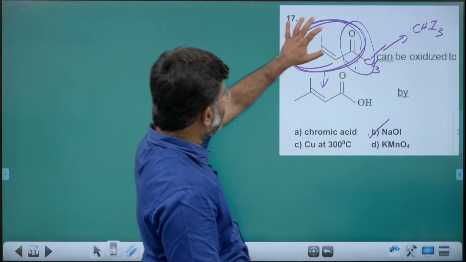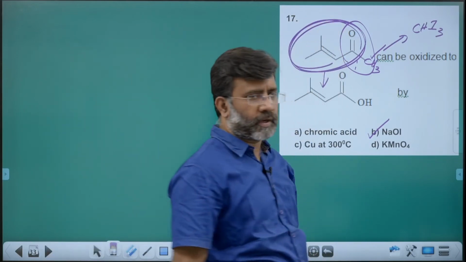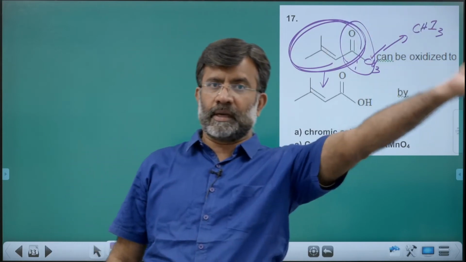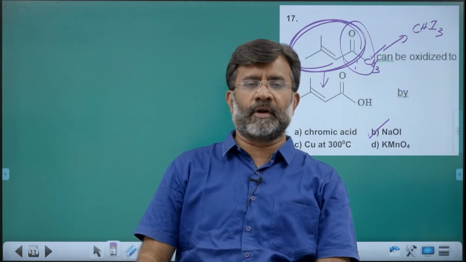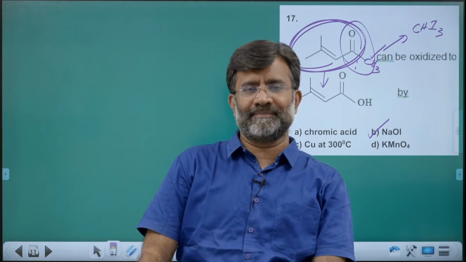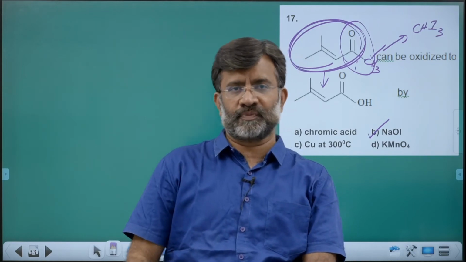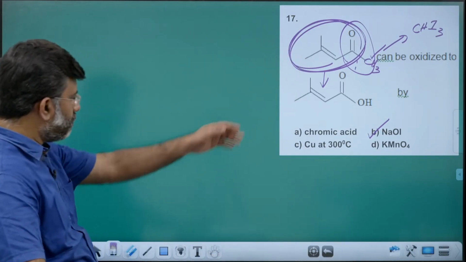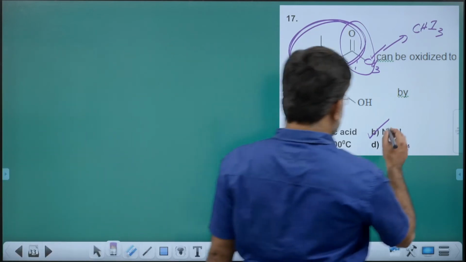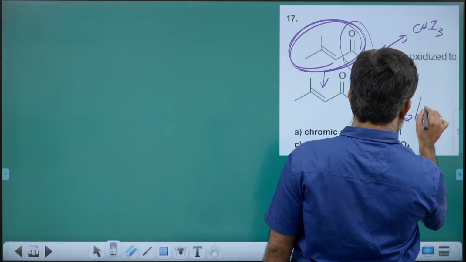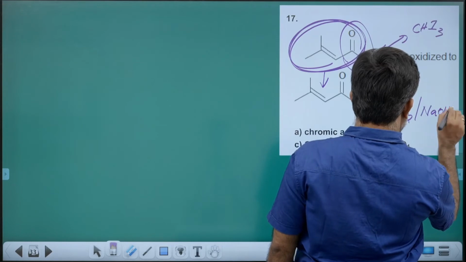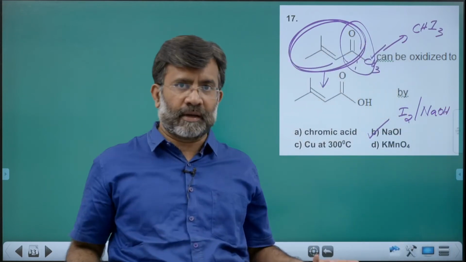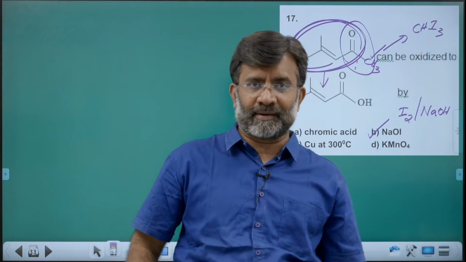Iodoform test. Okay, answer is option B. Not necessarily like this. It can be written I2 with alkali, or it can be X2 with alkali. It can be bleaching powder. Next.